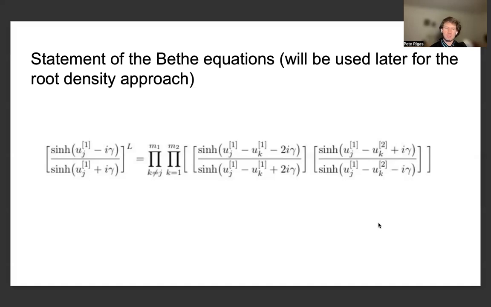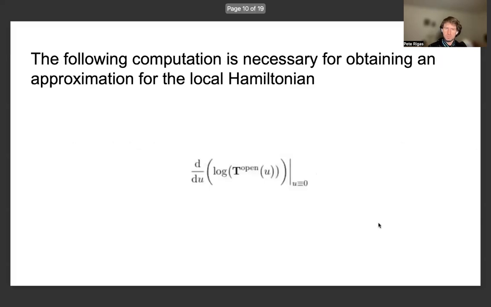And we also have parameters equal to the anisotropy parameter, but it's just 1 times the anisotropy parameter, in comparison to 2 times the anisotropy parameter, which appears in the first ratio of hyperbolic sines on the right-hand side of the Bethe equations.